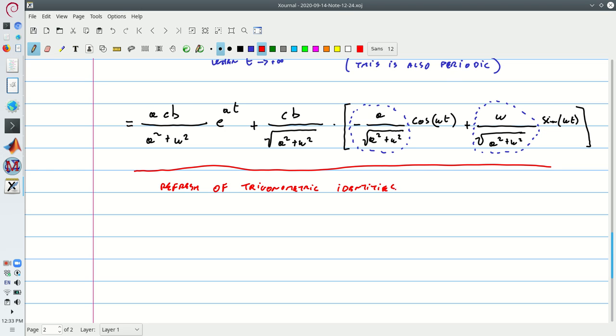I have always hated all these identities, but they happen actually to be useful. So I don't know if you remember. If you don't, you'll remember in a second, and you'll have to remember.